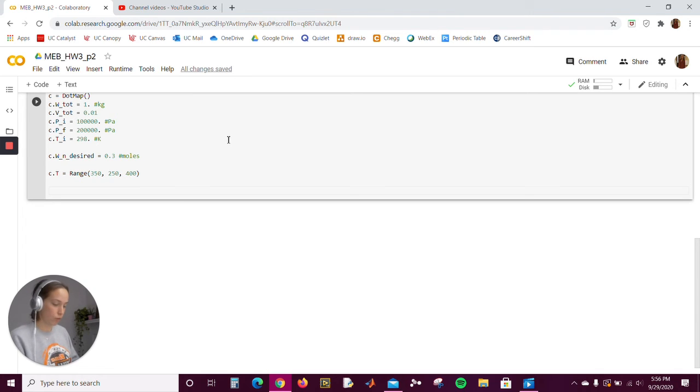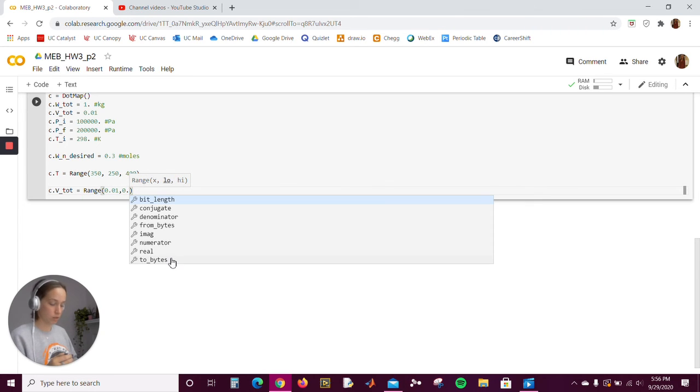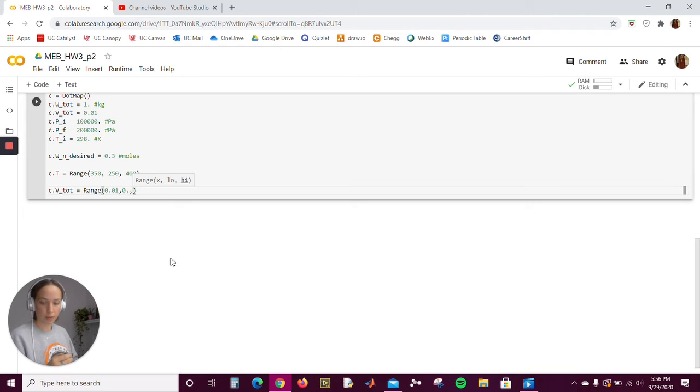So we're going to do the same thing for total volume. That arrange as well. And you start out with 0.01. You can't have a volume that's less than 0. And then we'll make our max 0.3.